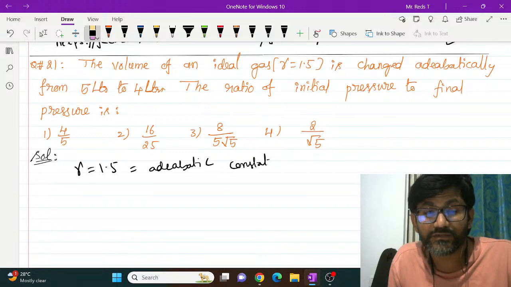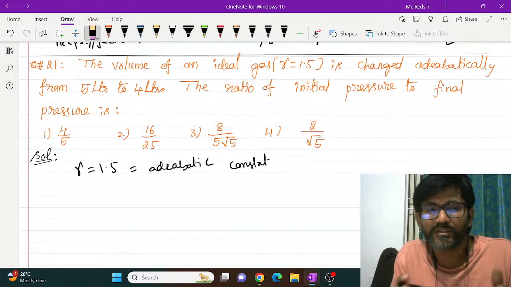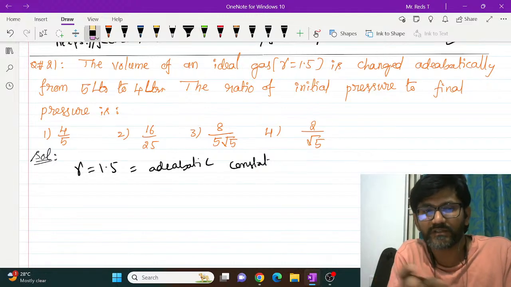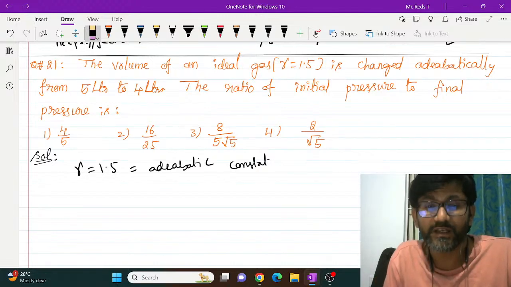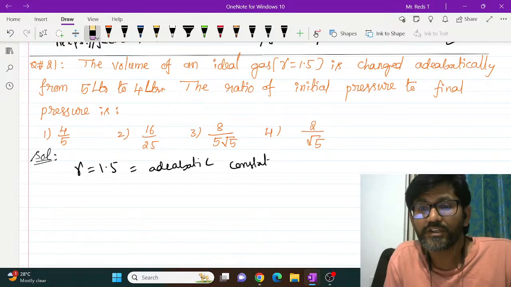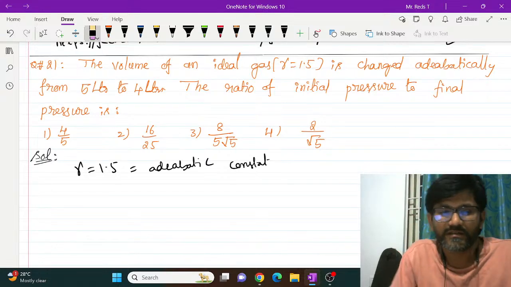Volume changes from initial to final value. Initial volume is given, final volume is given, gamma is given for the given gas. Then the ratio of initial pressure to final pressure is?